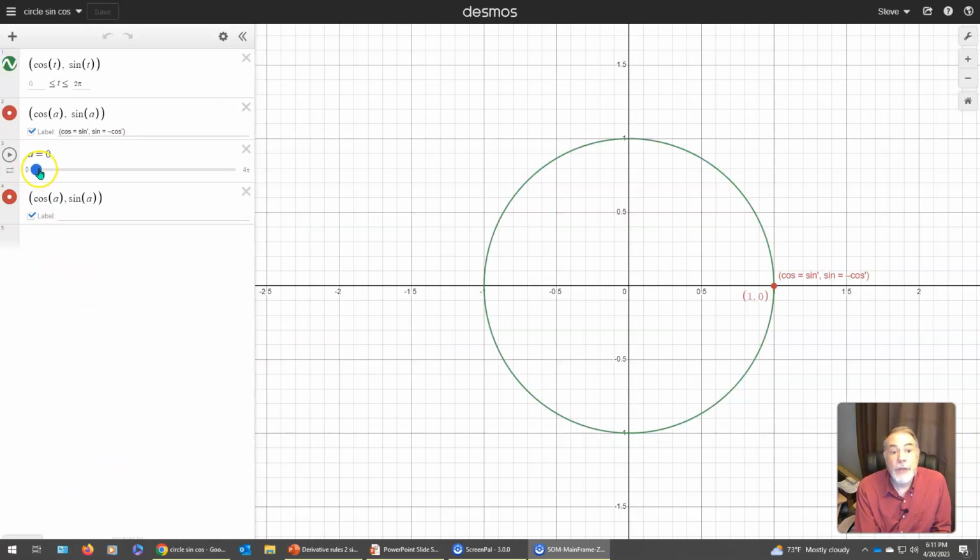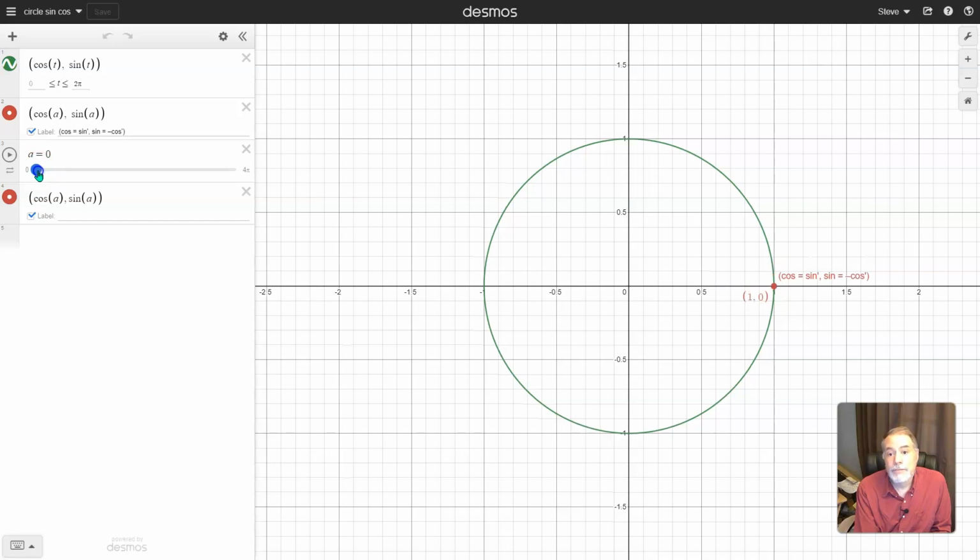So if we go around the unit circle, wherever the x coordinate is largest, which would be right here where the x coordinate is 1, the y coordinate is increasing the fastest. If we get up here to where the x coordinate changes from being positive to being negative, the y coordinate changes from increasing to decreasing.